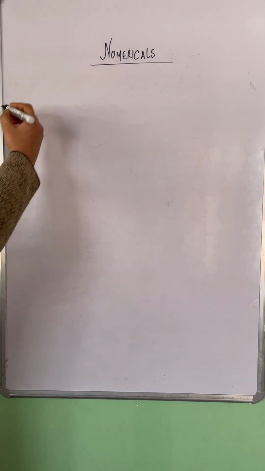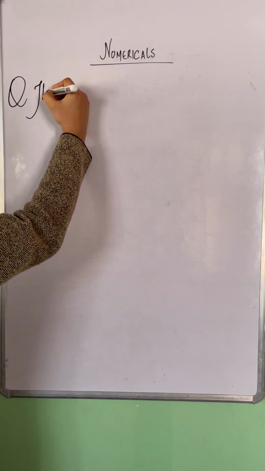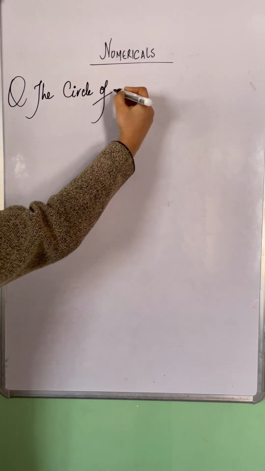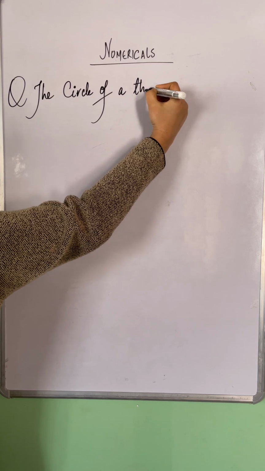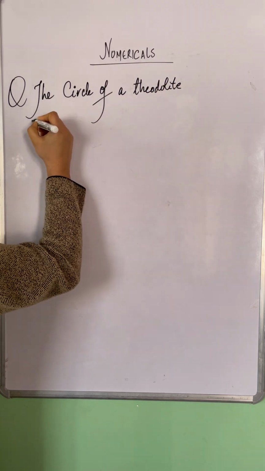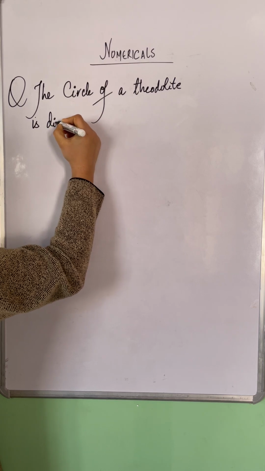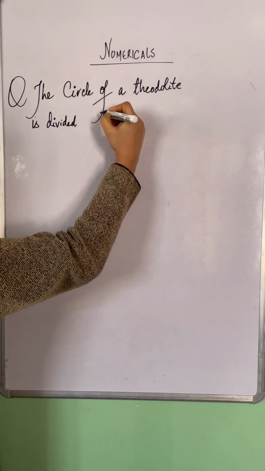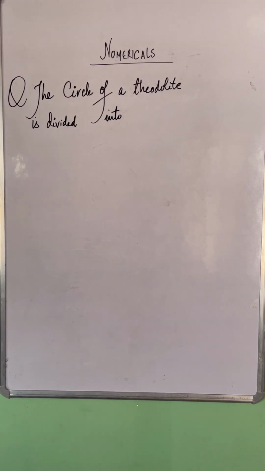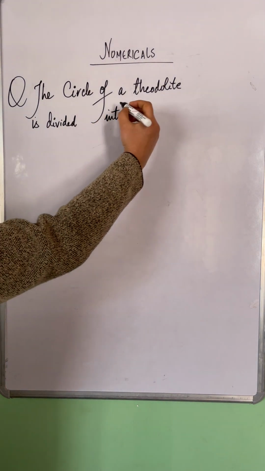The circle of a theodolite is divided into degrees and 1/4 of a degree.